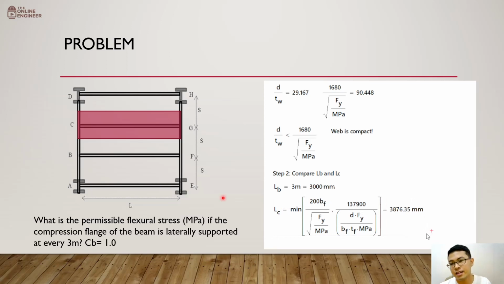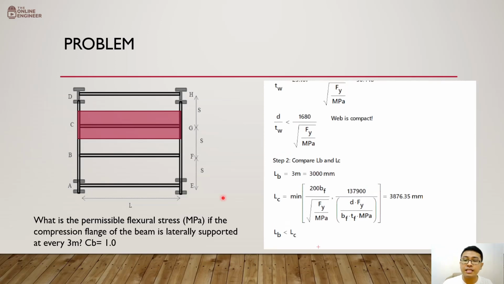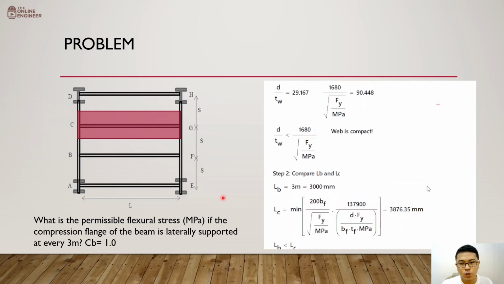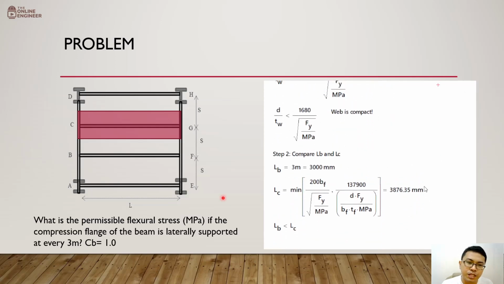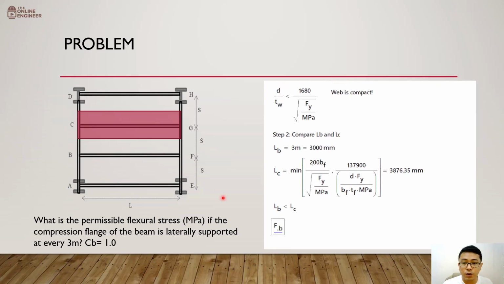All right. Now, what do I do next? I noticed here the comparison between LB and LC, and I can see that LB is less than LC. Okay? LB is less than LC, and I have a flange that is non-compact. So if you are going to review the principle that we will apply for this, the allowable bending stress formula that we are going to apply will now look like this.